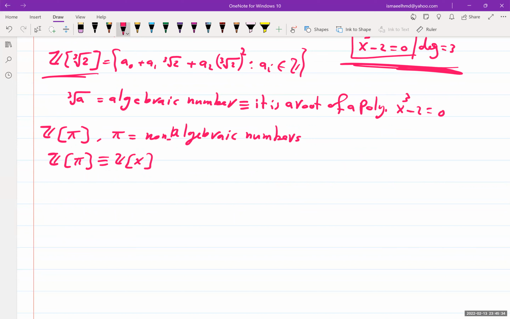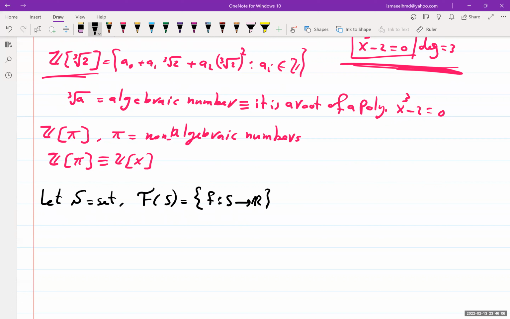We have another example. Let S be a non-empty set. We denote by F of S the set of all maps f from S to the set of real numbers.